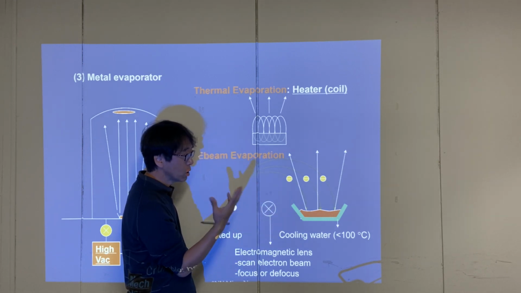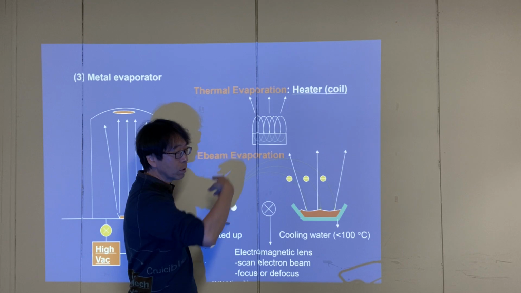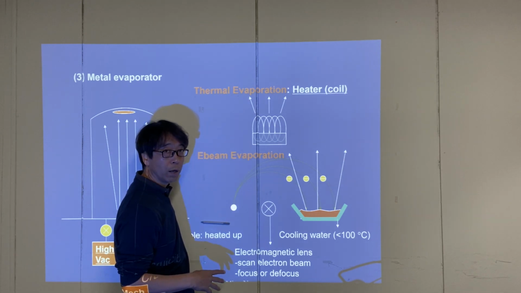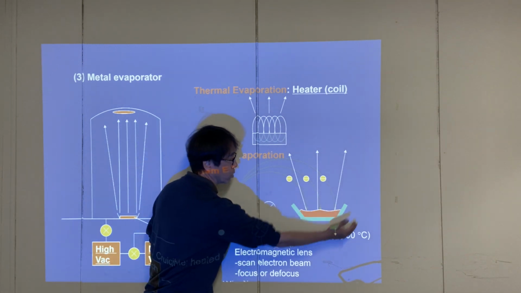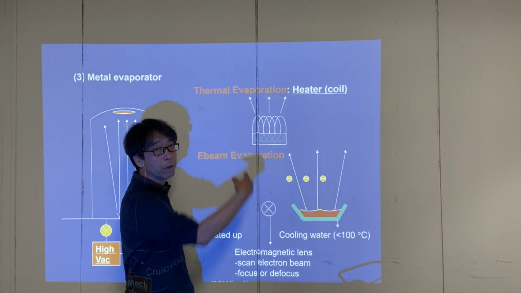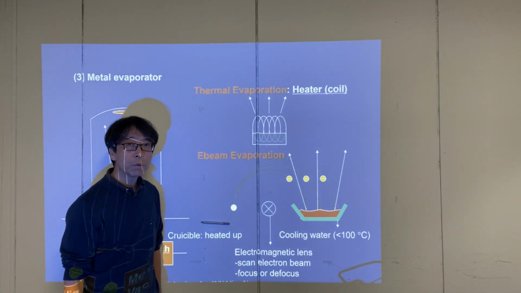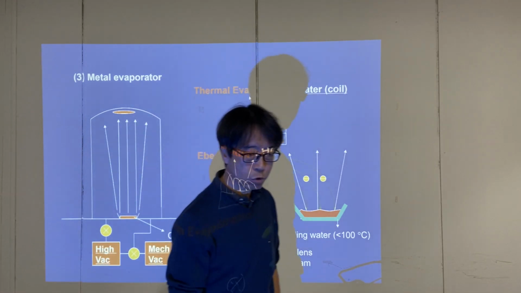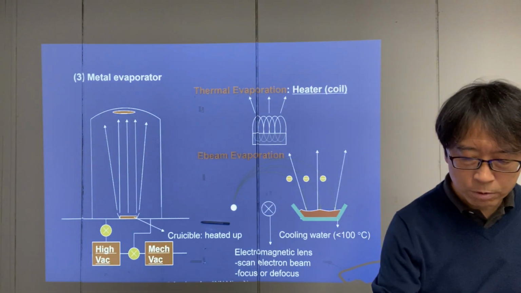Right? What's important is that surrounding temperature will not go very high. You have a cooling water around it, right? So the whole vacuum is, in principle, maintained at room temperature. Should be maintained at room temperature. Okay.